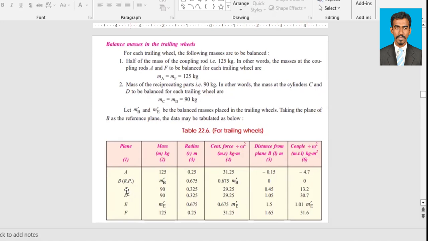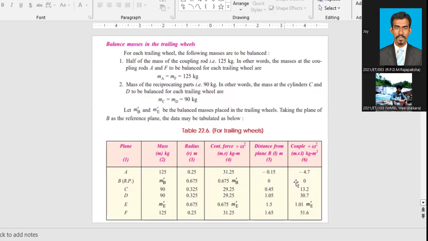If you take any other plane, either C, D, A, or F, all these have known data. If you take any one of these planes as the reference plane, any one of these values will become 0, and E and B will be having unknown values.